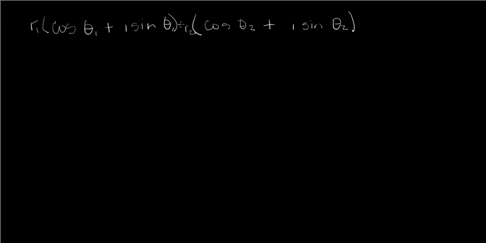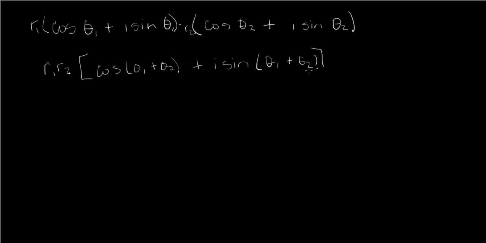That's kind of messy, but I think you get the point. So here's what it looks like after a whole lot of going through formulas. It ends up like this: r1 times r2 times the cosine of theta 1 plus theta 2 plus i sine of theta 1 plus theta 2. And that's how we multiply them together. That's in your book, or you can write it down real fast.